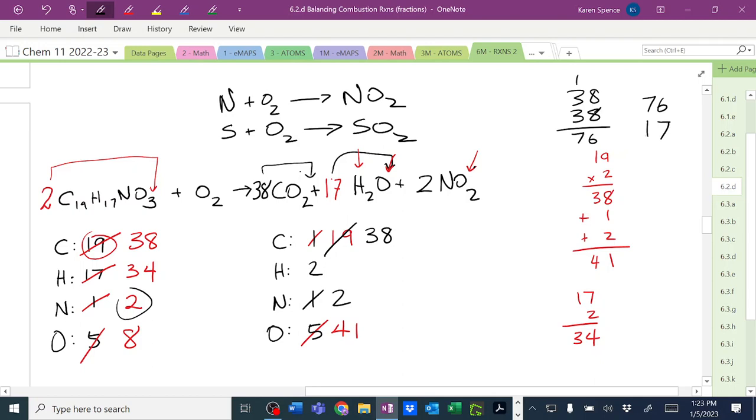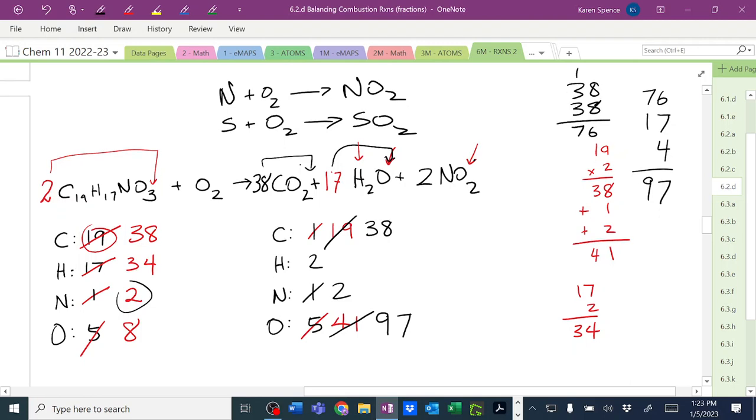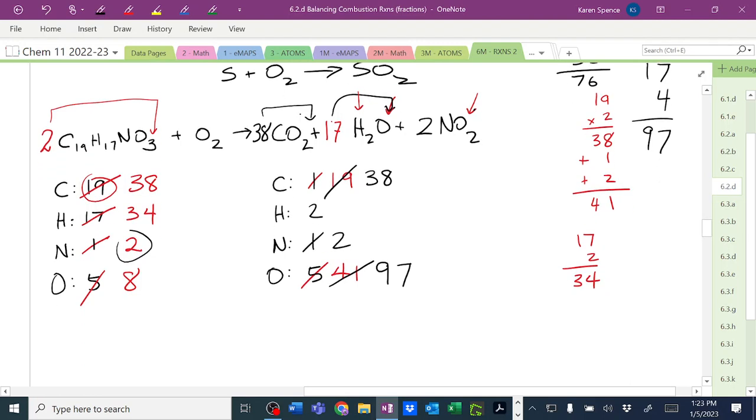And so it's 76 and 17 and 4. Is that 97? So I have now 97 oxygens. Do I put a 97 halves here?